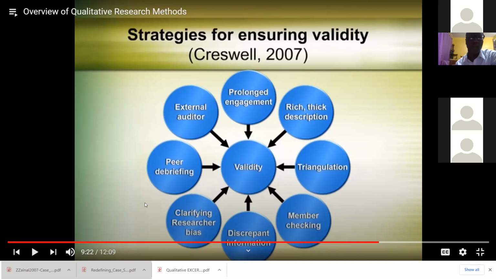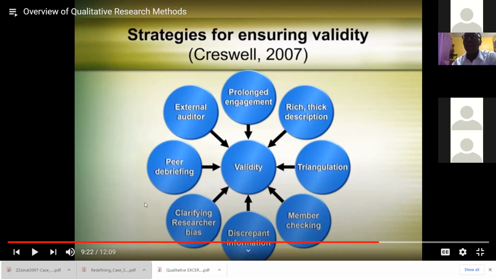very useful. The external auditors, so for example, if you're a PhD candidate or a research student, your supervisor is a good external auditor, or somebody who's an expert in the field is a good external auditor, right?